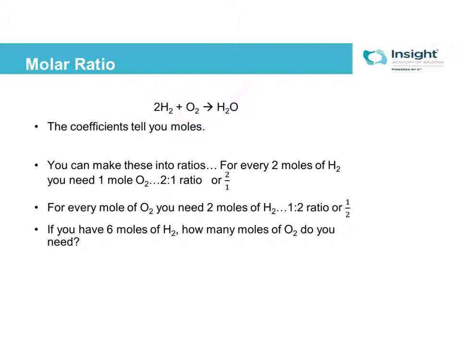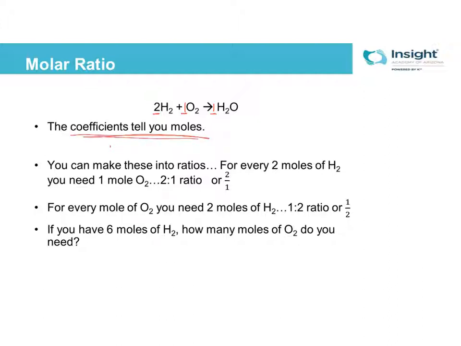So, the molar ratio comes from your balanced equation. All right? So, the numbers in the balanced equation, all right, what does it mean if there's no number out front? Hopefully you're saying 1. All right, those coefficients tell you how many moles you need.